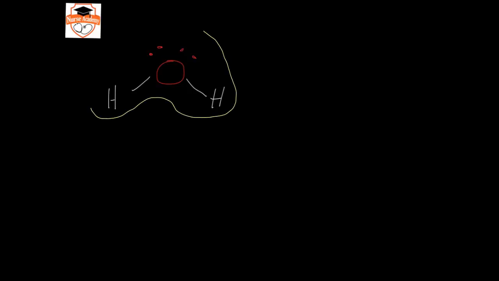And we can look at the same basic principle with water. If we have oxygen, the oxygen is making bonds with hydrogens, and we draw an electron cloud around this structure showing where the electron density is. We would see that we would have very little electron density around our hydrogen and a great deal of electron density.